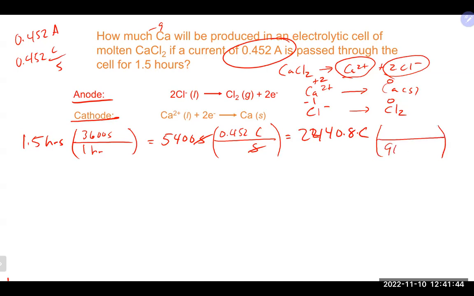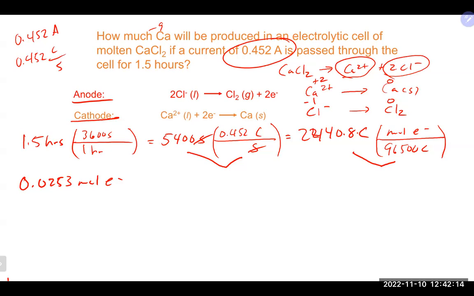Our 96,500 coulombs is a mole of electrons. So we're going to take that and divide it by 96,500. Gives us 0.0253 moles of electrons. So this is basically our time times our amperage. This is converting our charge into moles of electrons. Any question up there?